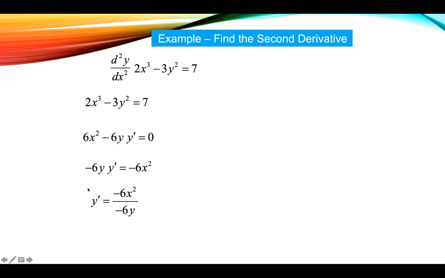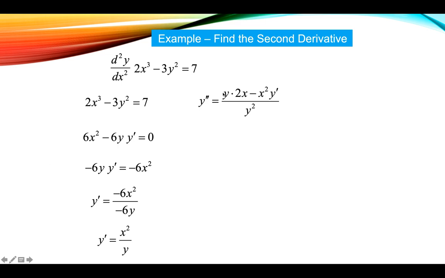So now to take the second derivative, we're going to take the derivative of the simplified form of negative 6x squared over negative 6y. So we reduce that to x squared divided by y. Now we'll do the second derivative. All right, we do have a quotient.